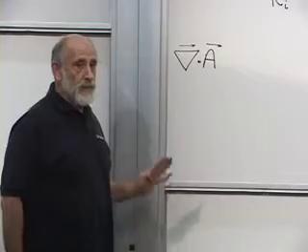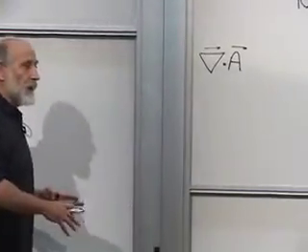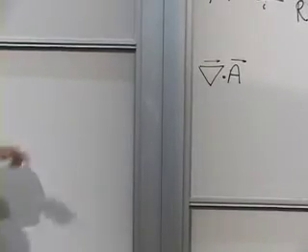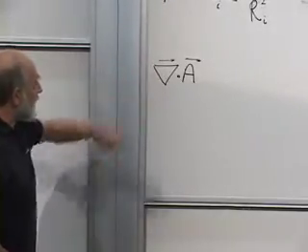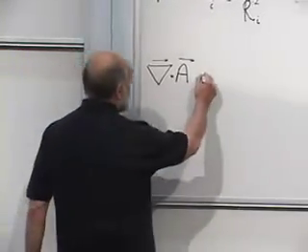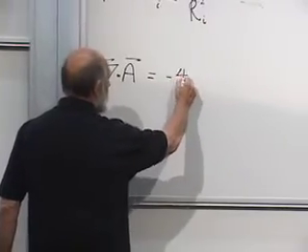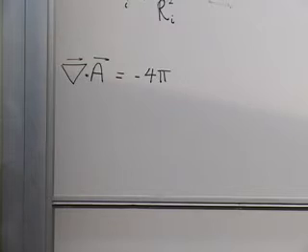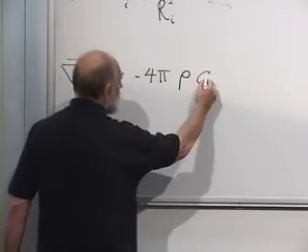The relationship between masses and gravitational field, which is basically the relationship that Newton wrote down, can be re-expressed in the form that del dot A is equal to minus 4 pi, I'll remind you in a moment where the 4 pi comes from, times Newton's constant times the mass density.